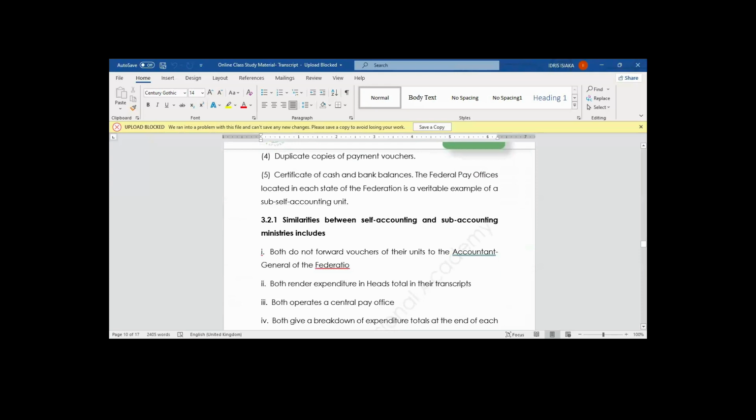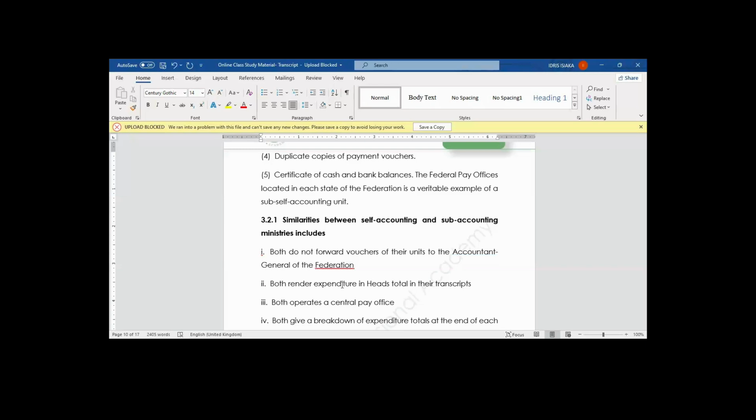So what is the similarity between self-accounting units and sub-self-accounting units? Number one, both of them do not forward their vouchers to the Accountant General of the Federation.